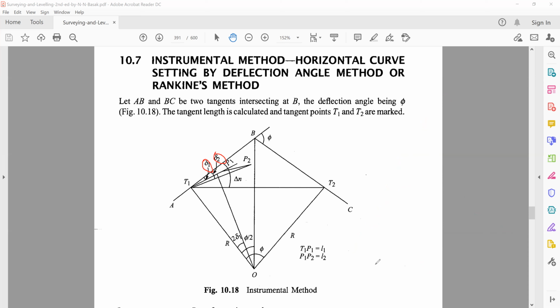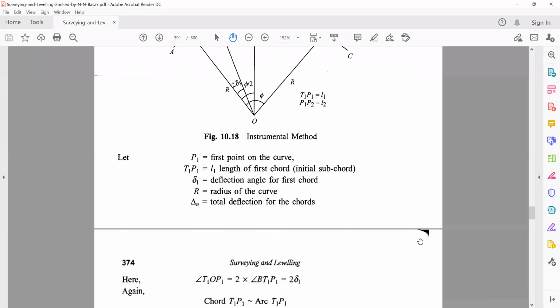When you sum them up, the last deflection angle that you get should be equal to delta by 2. Now, in this method, or the equation that we are going to use, let's quickly see the equation before we discuss this further.